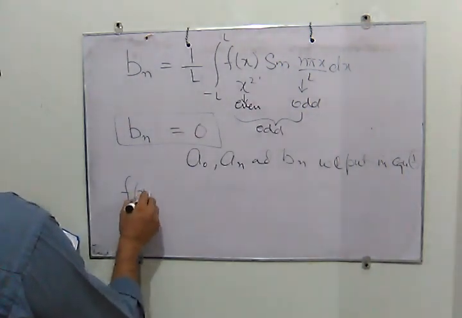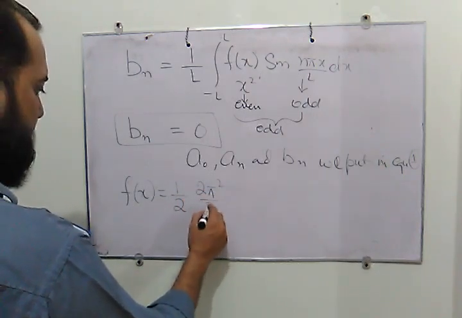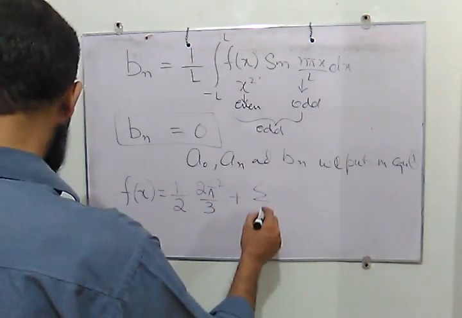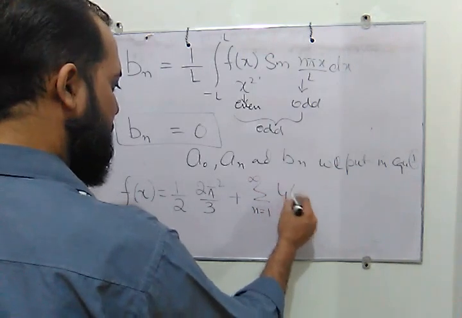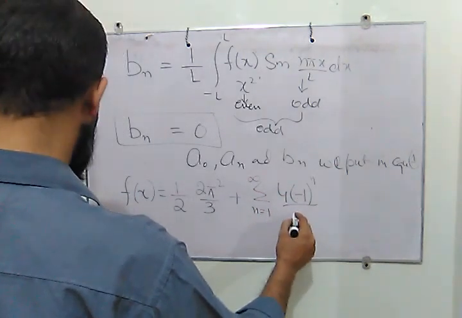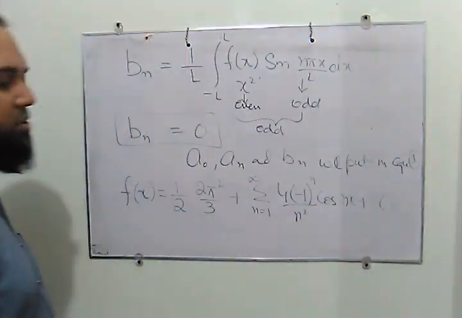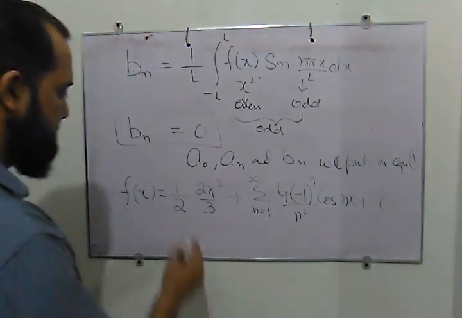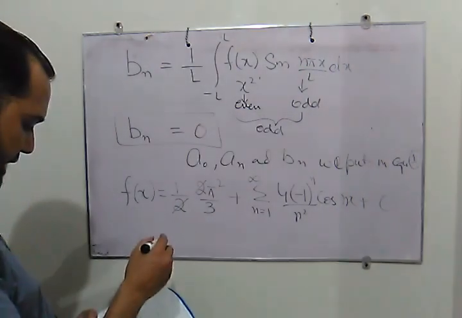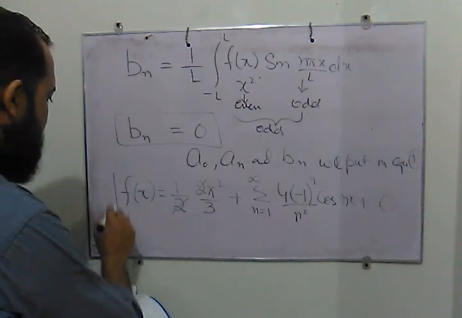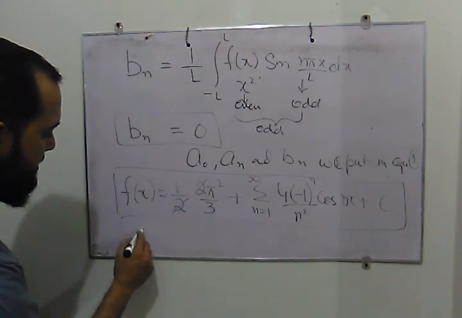We have f of x is equal to 1 upon 2 into 2 pi square upon 3, plus summation n is equal to 1 to infinity of the value of an, which is 4 minus 1 raised to the power n upon n square cos nx, and due to bn equal to 0, the sine term will be 0. So this will be cancelled out and it will become pi square upon 3 and this. So this is the Fourier series for the function x square.